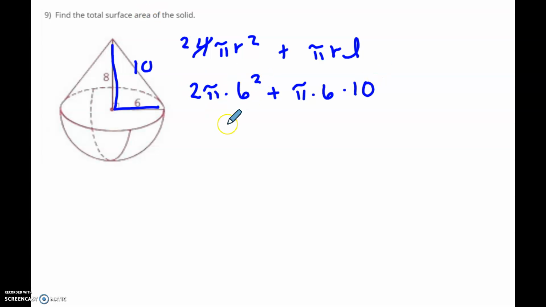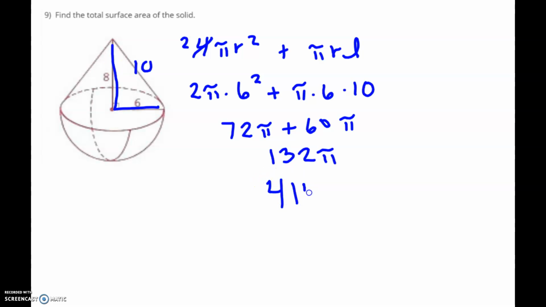So 36 times 2 puts me at 72 pi. 6 times 10 puts me at 60 pi. Our final answer, we just need to multiply 132 times pi to get our total surface area. 132 times pi on my calculator puts me at 414.7 square units.